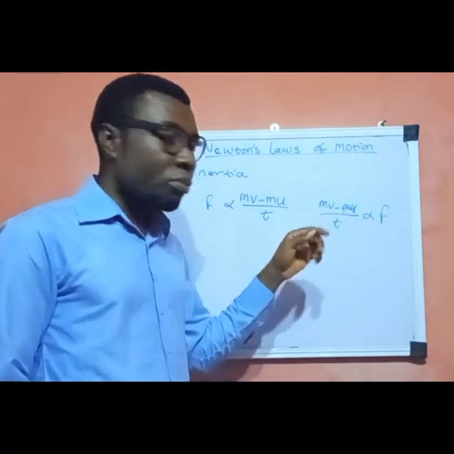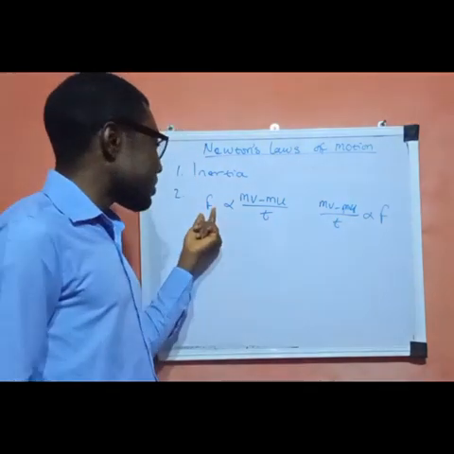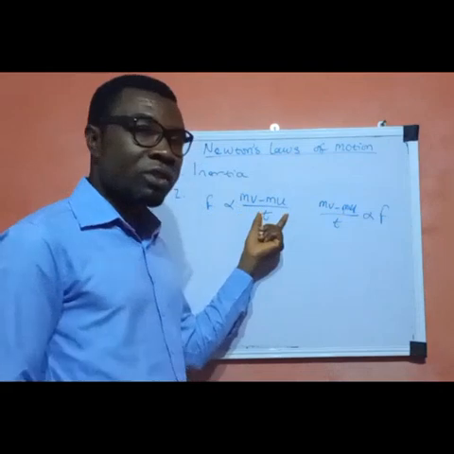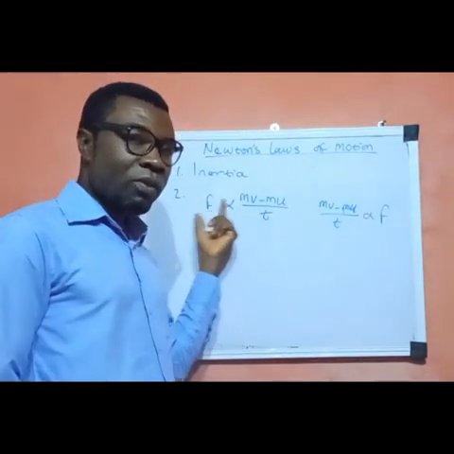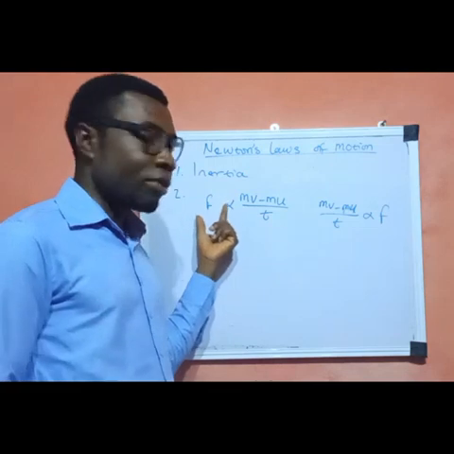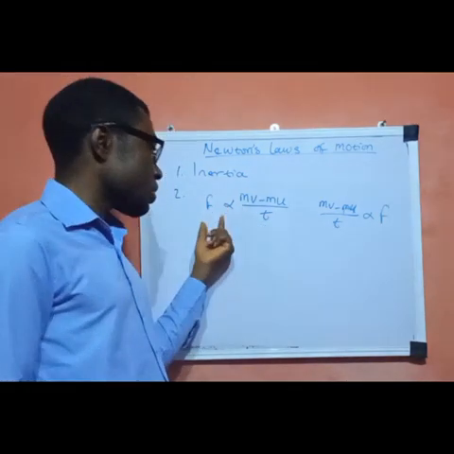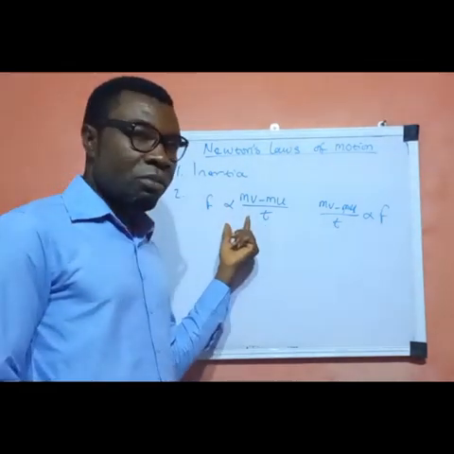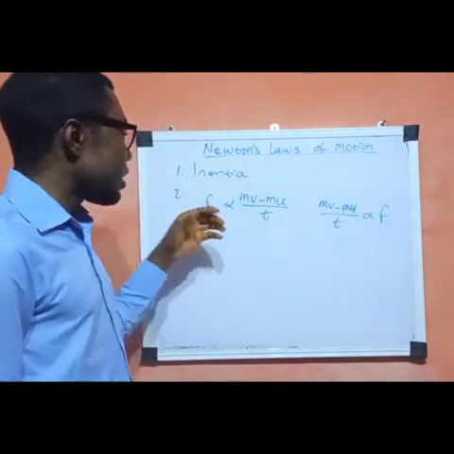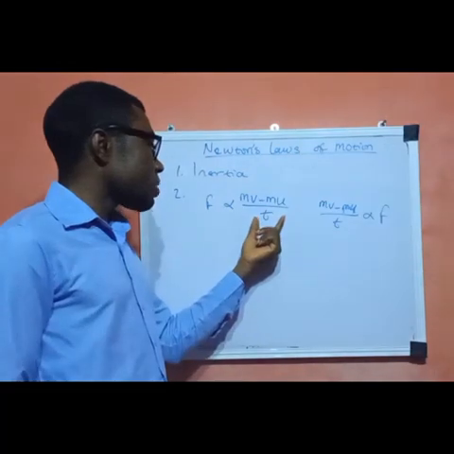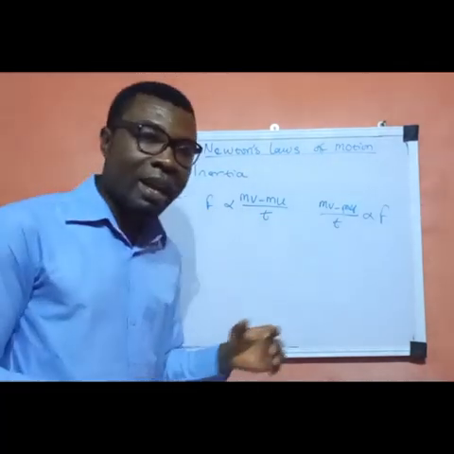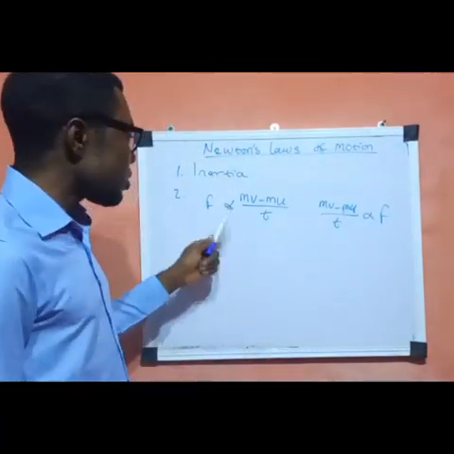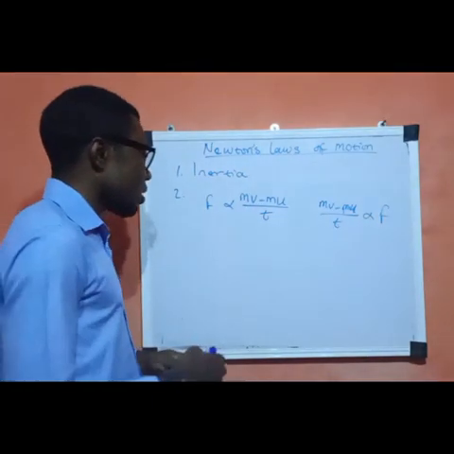Are you getting that? So it is force that is going to be varying, or that will lead to a change in momentum. That's why force is coming first. But by definition, we say that the rate of change in momentum is directly proportional to the applied force and acts in the direction of the force. So this is the relationship in Newton's second law.